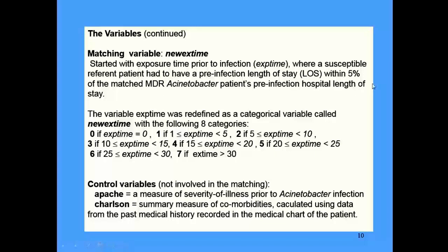So a susceptible person had to have about the same amount of hospital time prior to getting infected as the resistant person. That's how they were matched, to be similar in how long they were in the hospital.